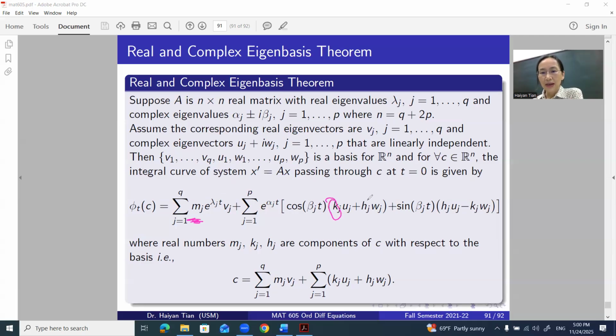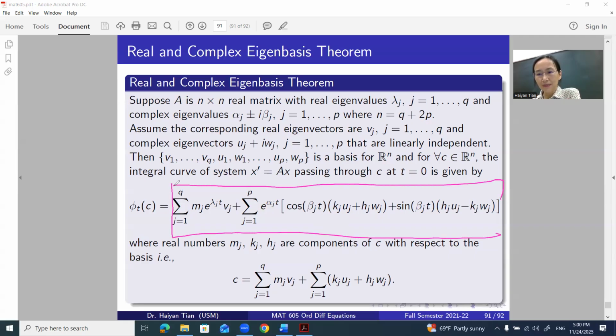So we can allow constant coefficients to appear. Those Mj, Hj, Kj are the coefficients. They appear in this form to guarantee that no matter what they are, these are solutions of this homogeneous system.